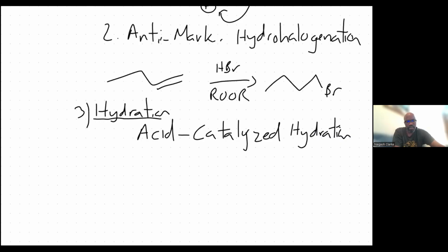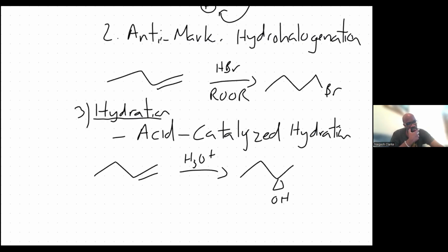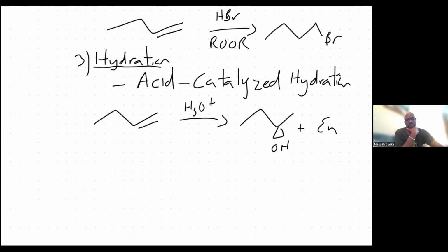The first one is acid catalyzed hydration, H3O plus. We end up with an alcohol, 2-butanol in this case, plus an enantiomer, because this one is a carbocation intermediate. Right? And we covered this mechanism in the previous video.